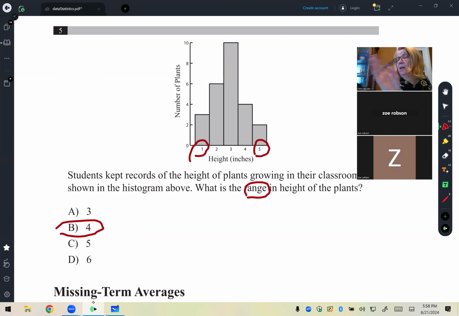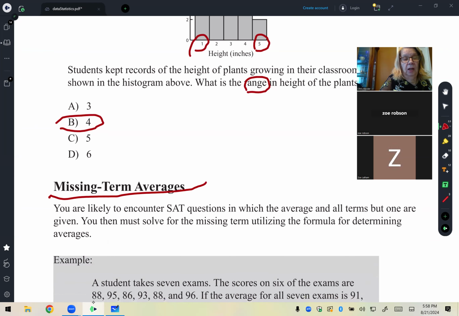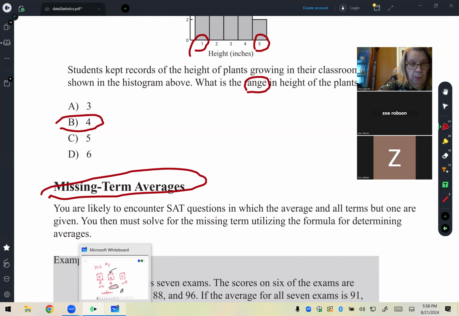Did we do 580 number 14? Let me look. Okay. Now, this one's a little tricky. You might have done this. I don't think you have. 580 number 14. No, it looks like it's a mean problem. Okay, let's look at it then.